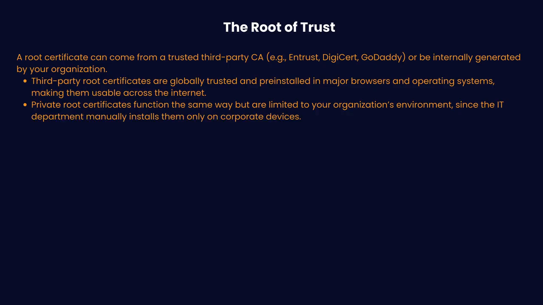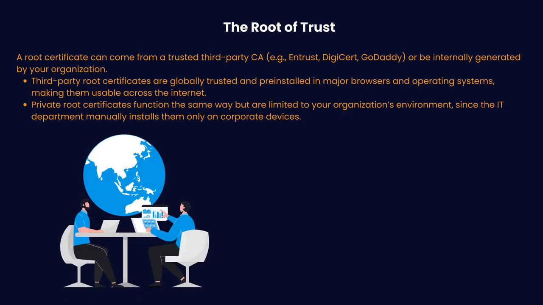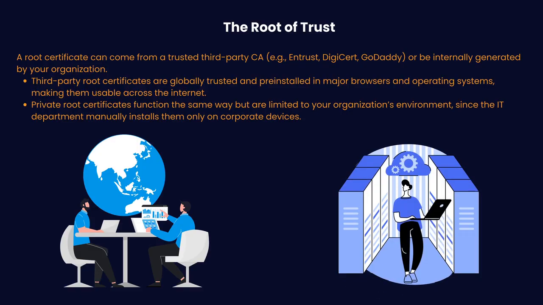The root cert can also be made by your company. The difference is major third-party companies are globally known and can be used with anyone as they come pre-installed inside major web browsers and operating systems. Privately created root certs work the same, however, they can only be used on your corporate devices because your IT department only installed the root certs on those computers.